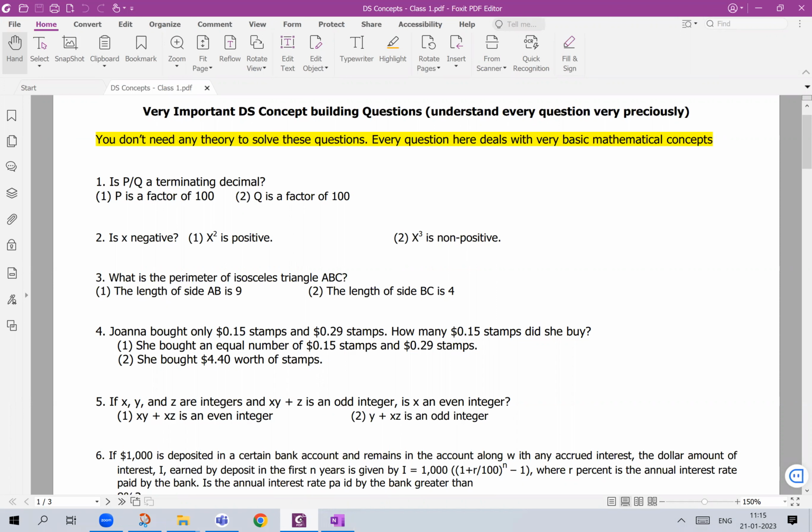Question number 1. If you write the answer so fast, then you will 100% do it wrong. Okay.